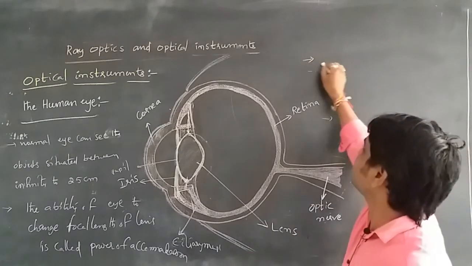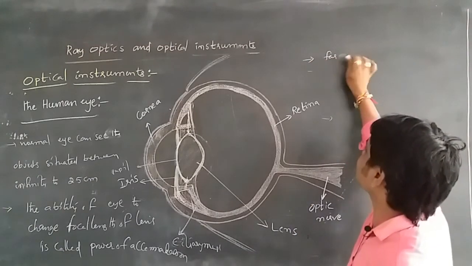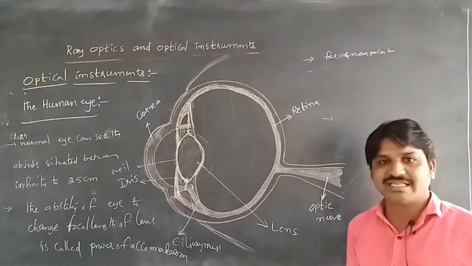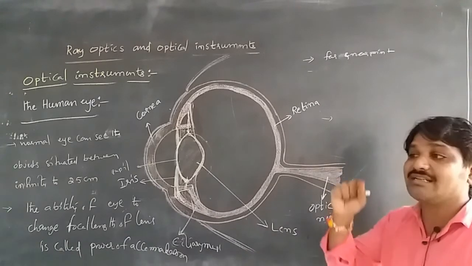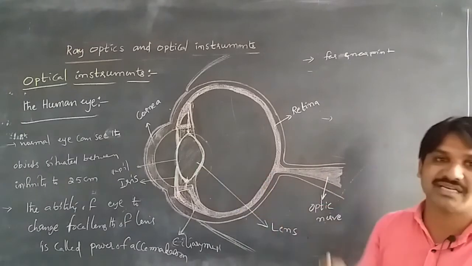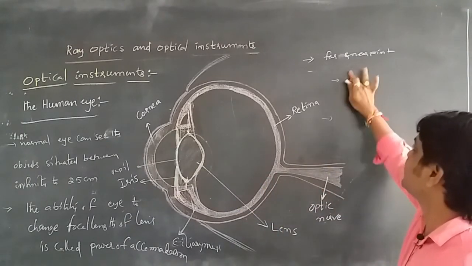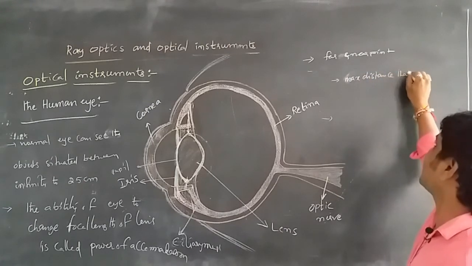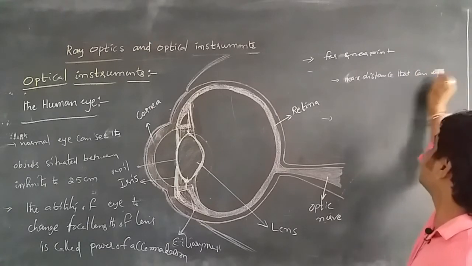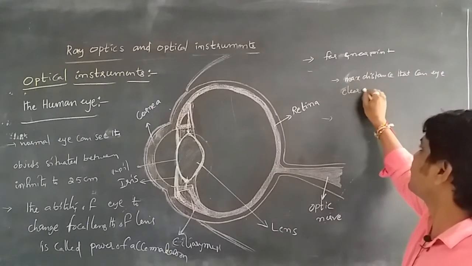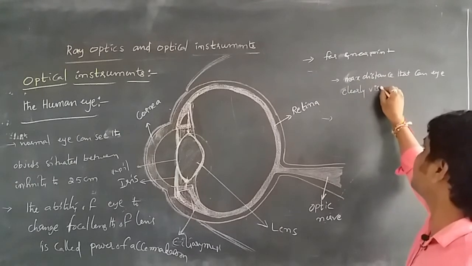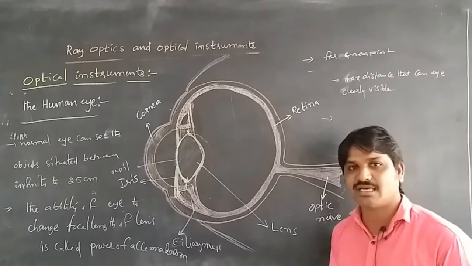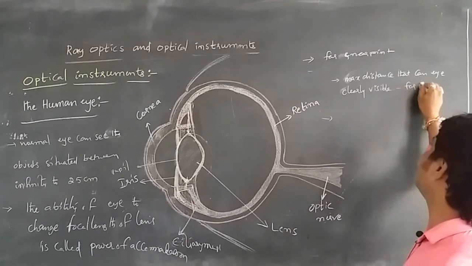The maximum distance at which the eye can see an object clearly is called the far point.